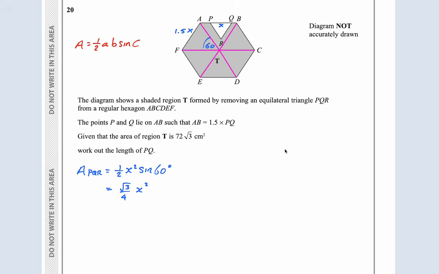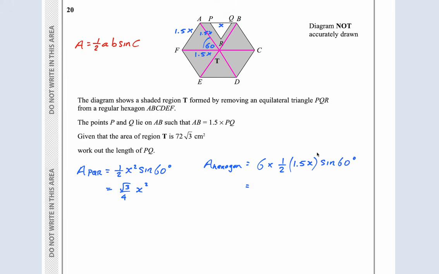Now, the area of the full hexagon is equal to 6 of these triangles. So it's 6 times a half AB sine C. A is 1.5x, B is also 1.5x because these are all 1.5x. So it's a half, A, B, sine C, again sine 60 degrees.